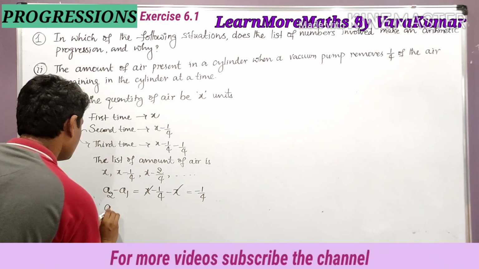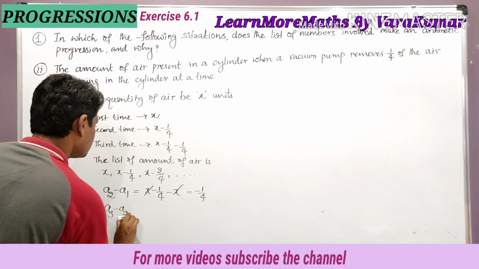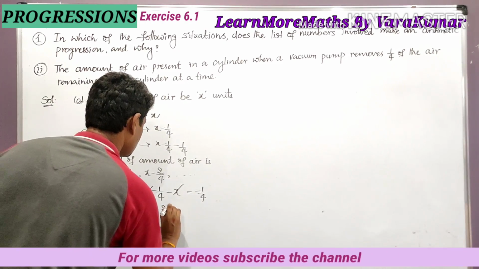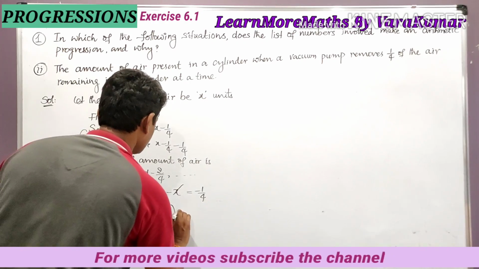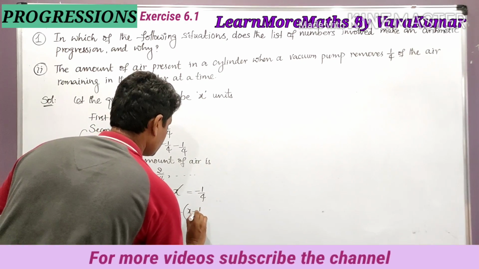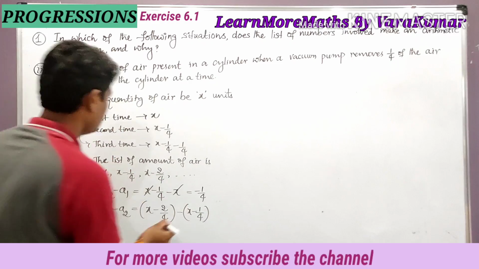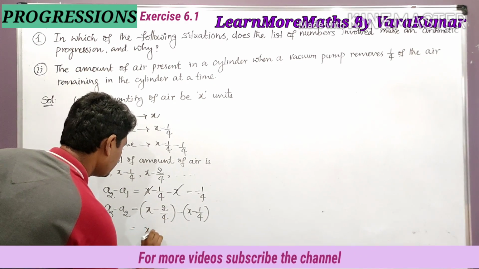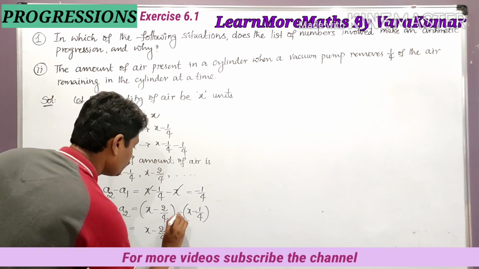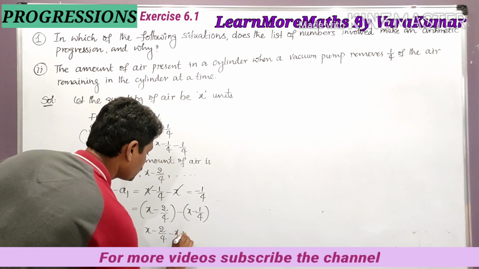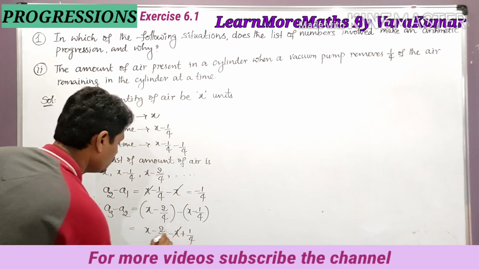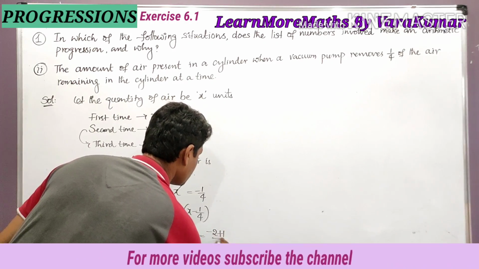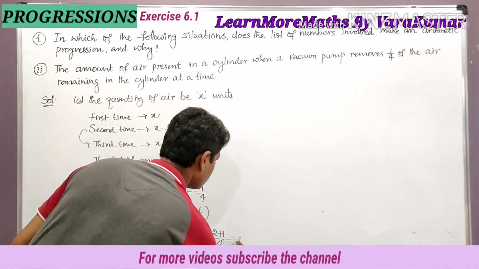In the same way, A3 minus A2 is equal to x minus 2 by 4 minus of x minus 1 by 4. This is A2, student. So that is x minus 2 by 4 minus x plus 1 by 4. These two get cancelled here. Minus 2 plus 1 by 4, which is minus 1 by 4.